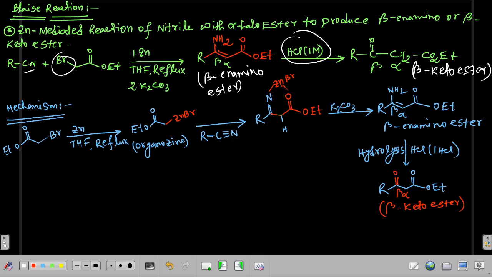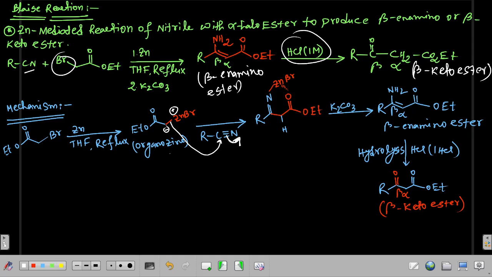Now we will see the mechanism of this reaction. So first, this alpha bromo ester will react with the zinc to form this organozinc compound. This organozinc compound will react with the nitrile group, like it will react on this nitrile carbon. Here this is minus and this will be plus. So this carbon will attack on this carbon, and this bond will break down to here.